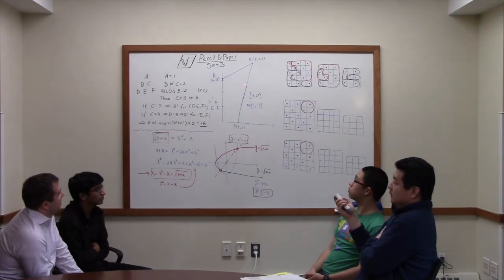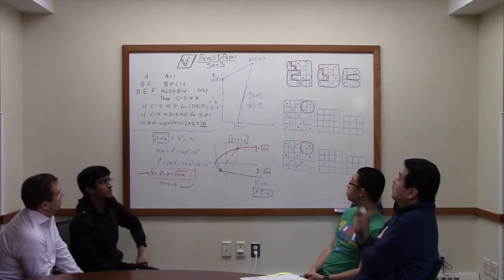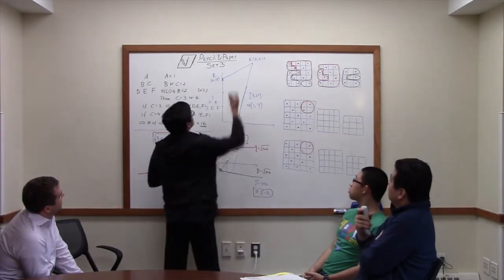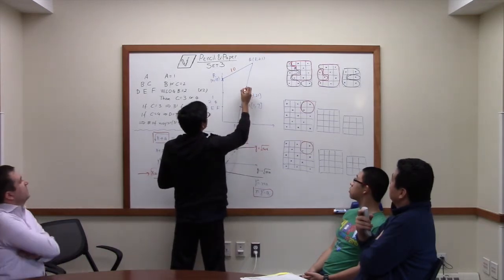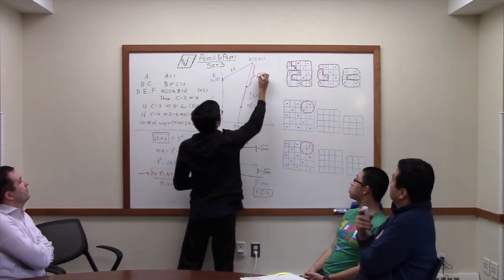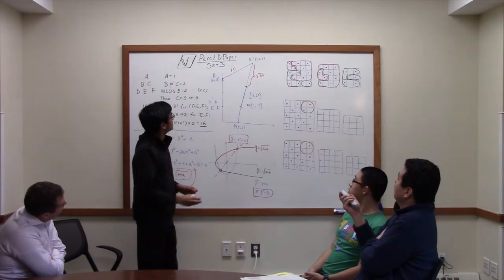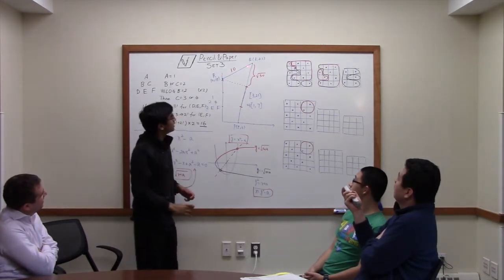So you're saying that we'll cut PQ into 3 segments, 3 equal segments? Yeah, sure. So this one was 10, and if we cut this into 3 equal segments, each part will be root 50. If I connect these two, they should give me root 50, if I do reverse engineer.